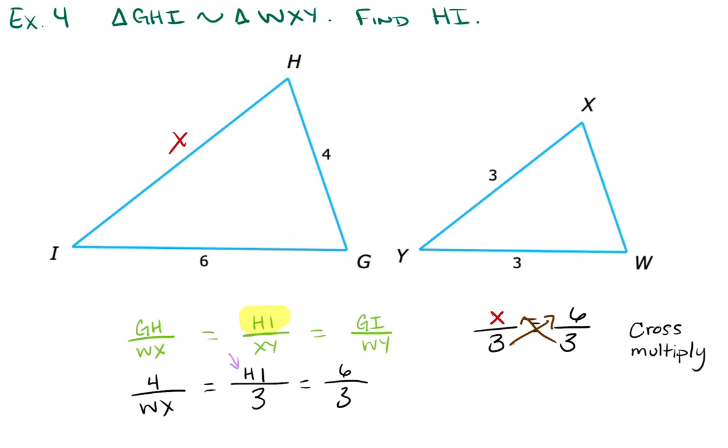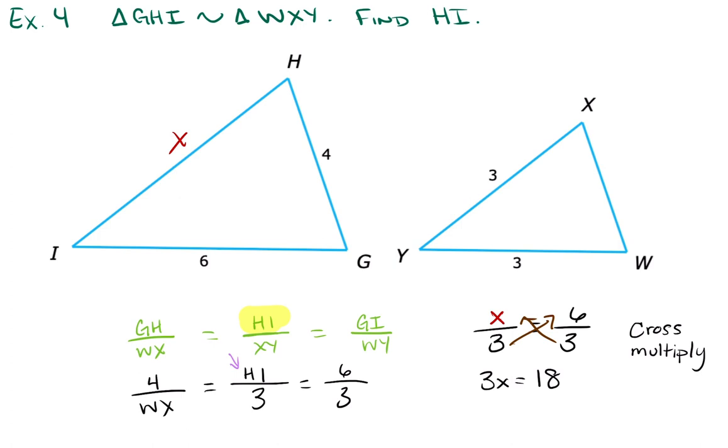One diagonal we're going to get 3 times x, which is just going to be 3x. And then on the other side we get 3 times 6, which is going to be 18. So by cross multiplying, what we've done is we've changed our equal statement with fractions into something that doesn't have fractions. Now we're dealing with an equation where we can solve for x.